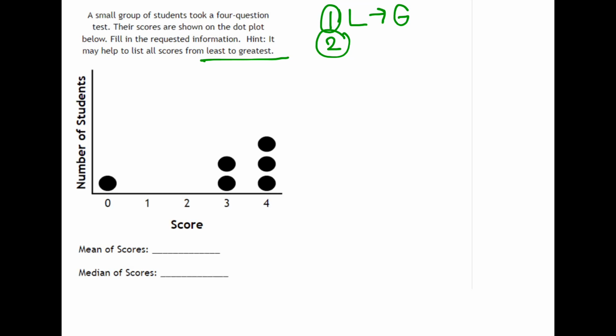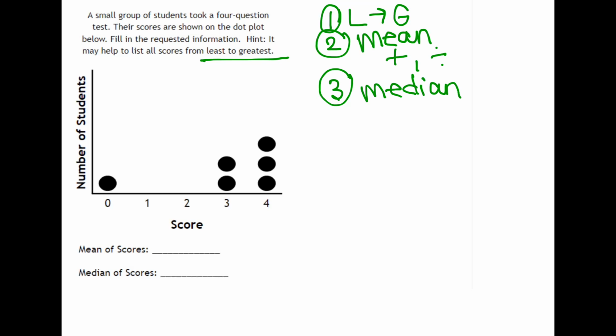Step 2, you can go ahead and find the mean. And there you have to add them all up and divide by the number of dots. In 3, you are finding the median of the data set, and that is the middle number.